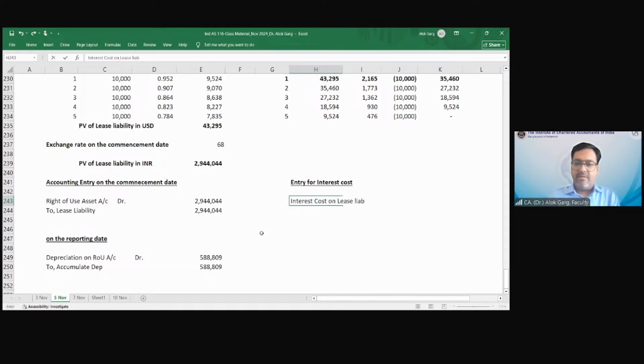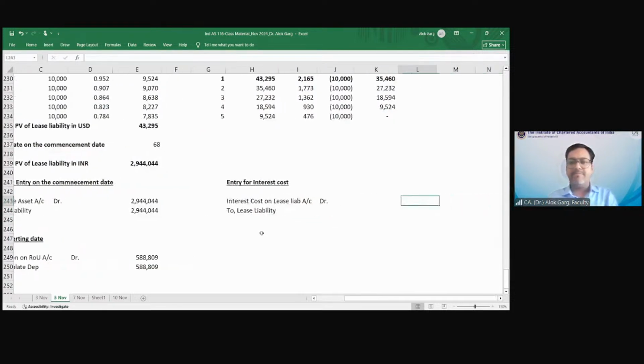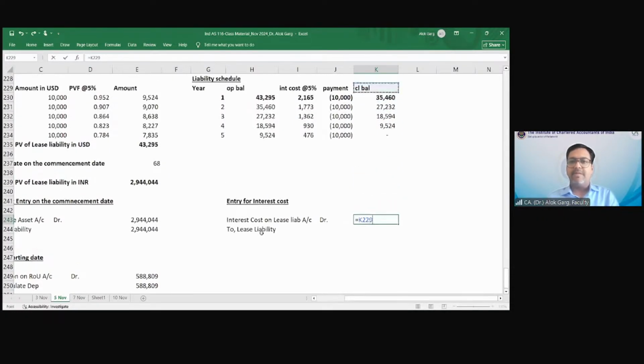Lease liability account debit to lease liability. What is the accounting entry? What is my interest cost? 2165. But this is in USD. I have to convert it into INR. So at what amount should I convert?